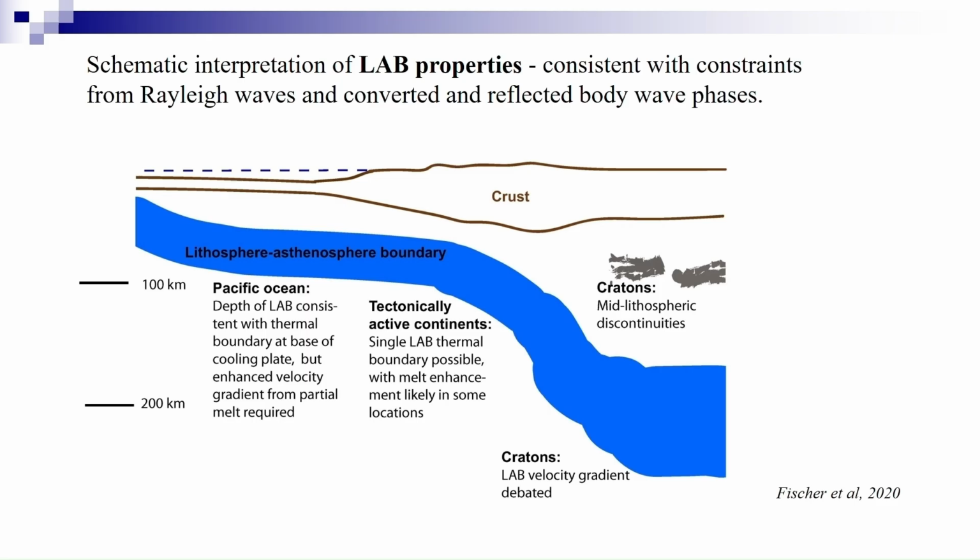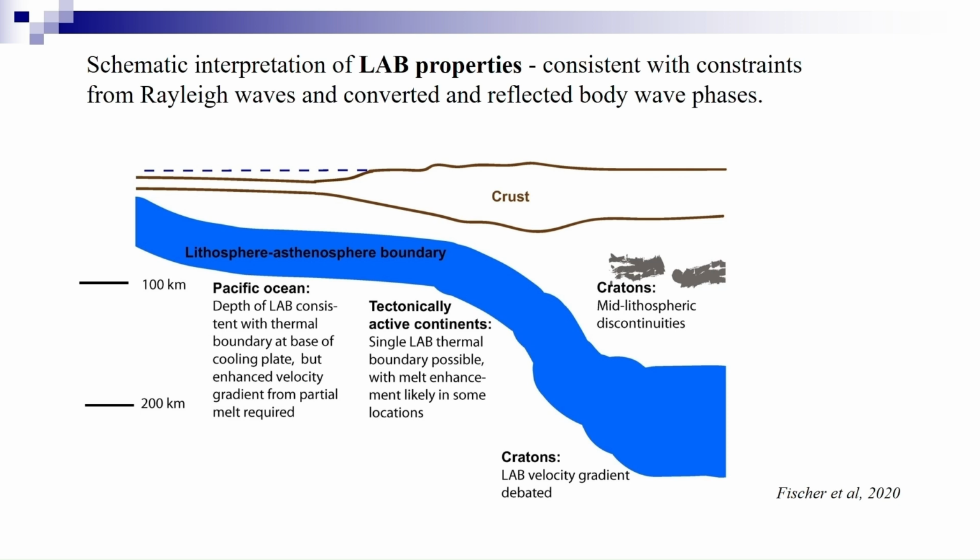In tectonically active continents, a single thermal boundary is possible, with melt enhancement likely in some locations. Both in oceans and the active continents, the LAB is a relatively narrow zone, shallower beneath oceans, deeper beneath the continents.